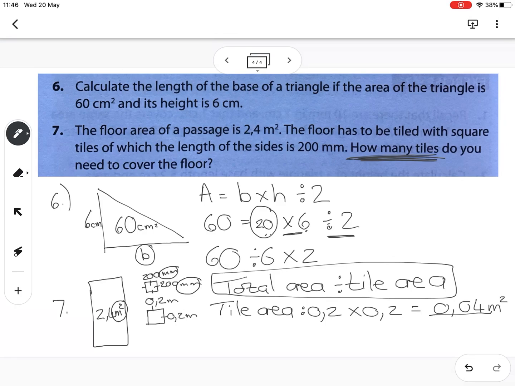Again, you may use a calculator, but you can easily think of 2 times 2 is 4, and then remember that was one place value, that was one place value, so you need 2 decimals. Okay, I've got the tile area. Now I need the total area. That's been given, so it brings me to 2,4 meters squared divided by 0,04 meters squared.